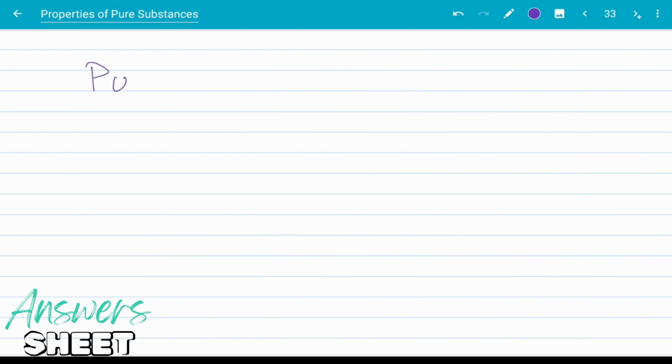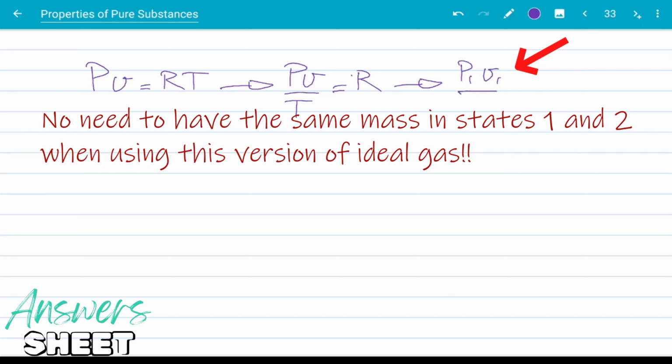Now, if we manipulate the ideal gas equation and say, PV is RT, and R is a constant, so PV over T is a constant, right? So from this equation, writing it for two different states of the same gas with the same mass, we can conclude that P1 V1 over T1 is equal to P2 V2 over T2.